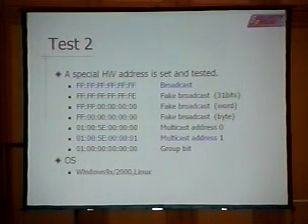The third address is fake broadcast with 16 bits. It is the same as the broadcast address, but only the first 16 bits of the head are set. So this packet is also actually not a broadcast.